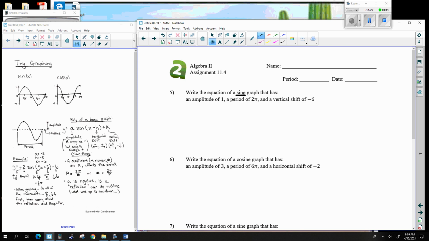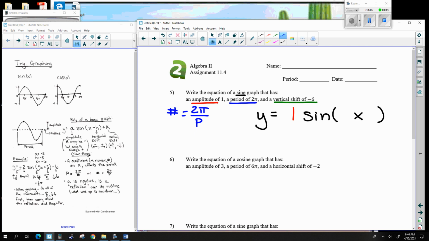Okay, we are creating a sine, amplitude, period, and a vertical shift of minus 6. Right, so the amplitude and period are exactly what they're supposed to be, but I'll just write it out so nobody gets confused. So this is a sine graph. Okay, so the amplitude is 1, so that's good. The period is 2 pi, so that inside number is going to be 2 pi divided by the period.